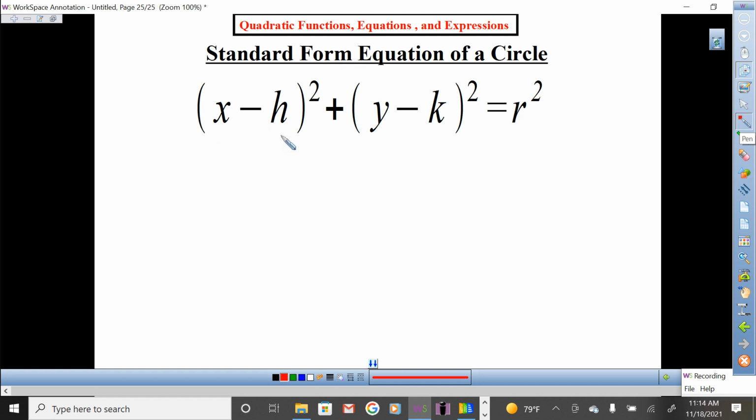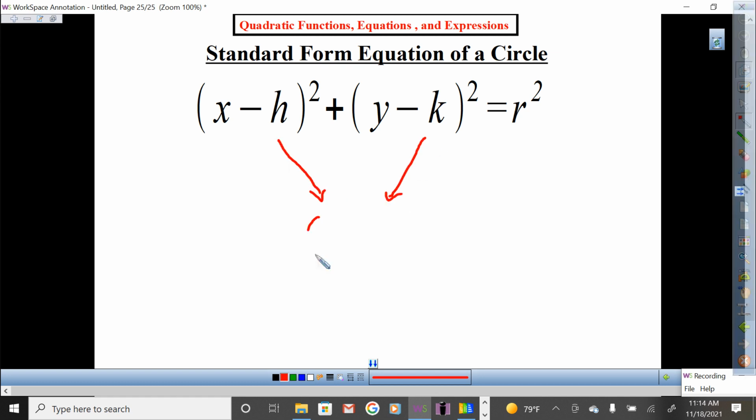The x minus h, yes. Y minus k, not necessarily, but h so far, yes. What else? K. What do we call those two together? They're parameters, but together they are the vertex, yes? But today they're no longer the vertex because now it's a circle, so it's known as the center.